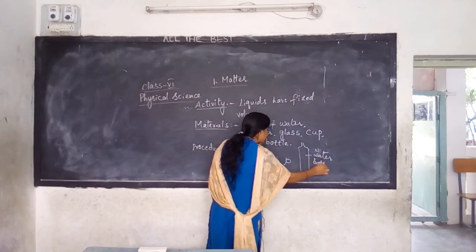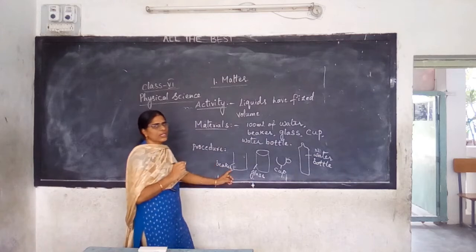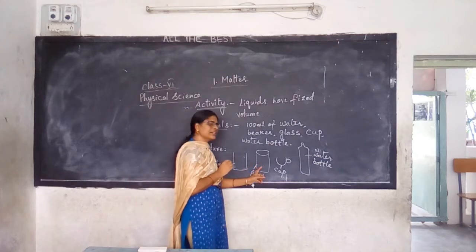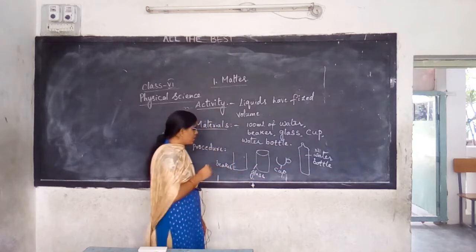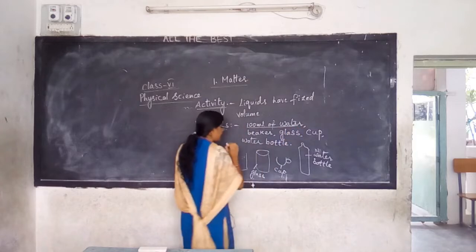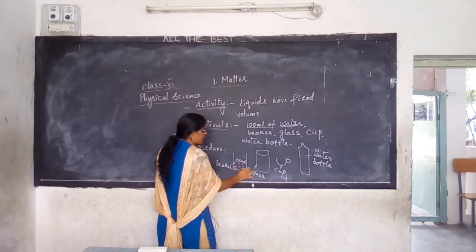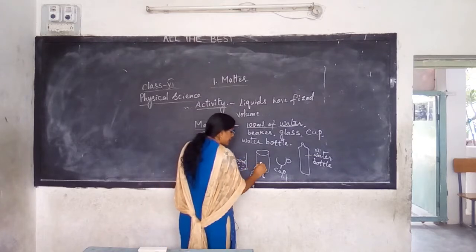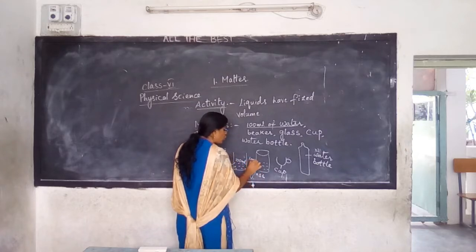Now in all these things, first a beaker, next glass, next cup, next a water bottle, I am filling 100 ml of water. I am filling the beaker with 100 ml of water. In the glass also I am filling 100 ml of water.